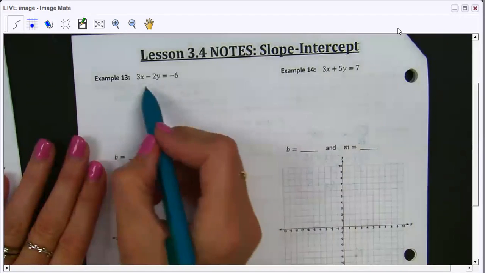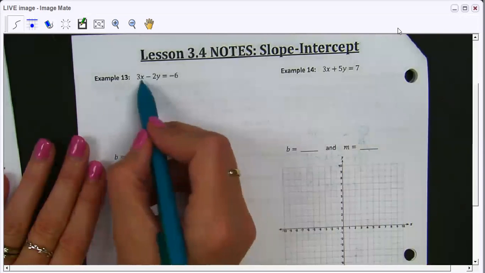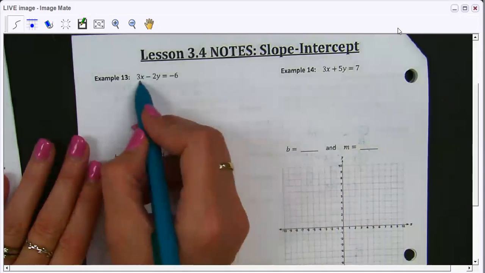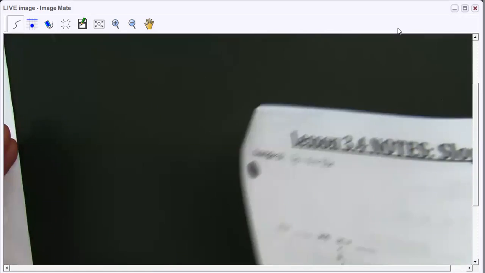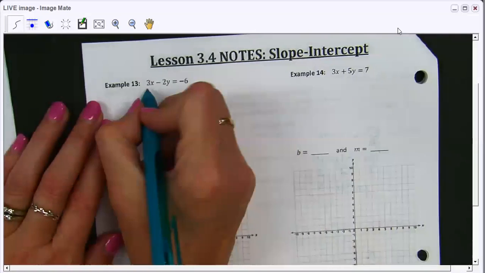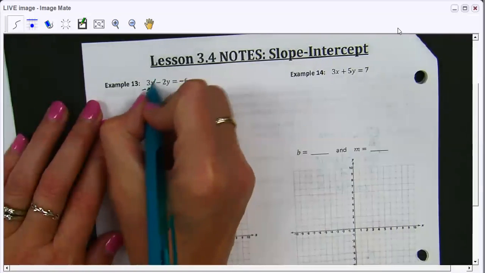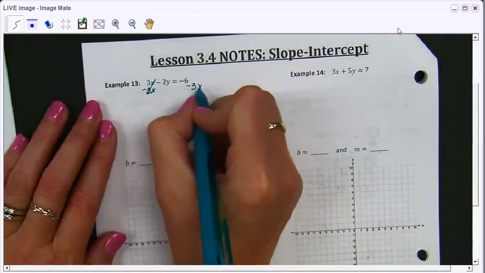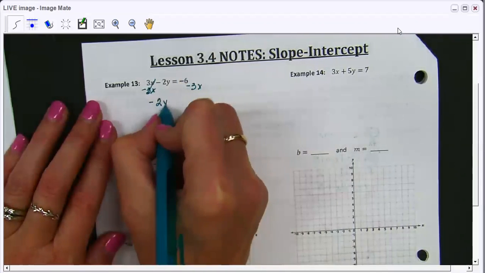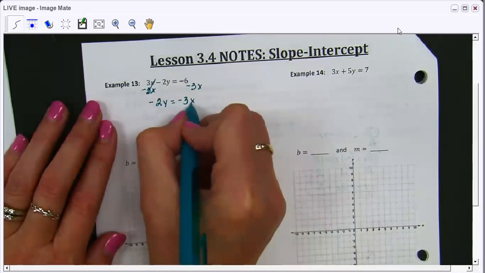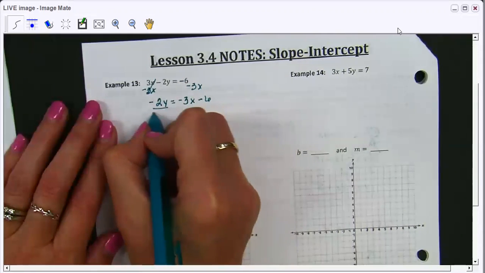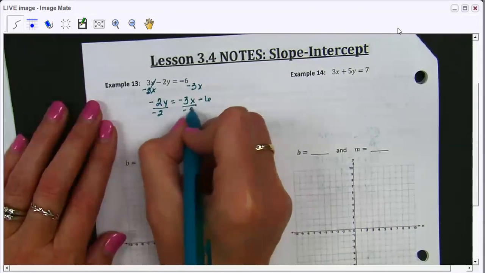So on this one right here, we need to isolate the y, so we're going to get rid of the 3x by subtracting 3x on both sides. So we end up with negative 2y equals negative 3x minus 6. And then we divide both sides by a negative 2.